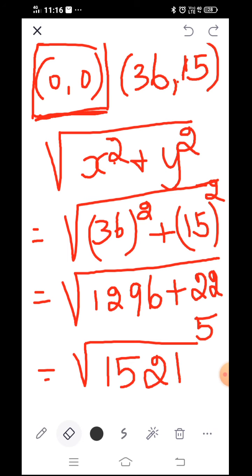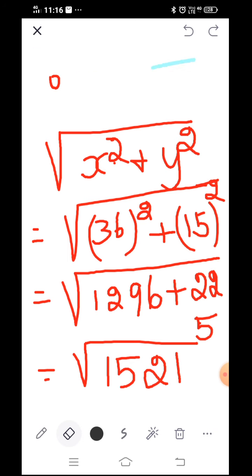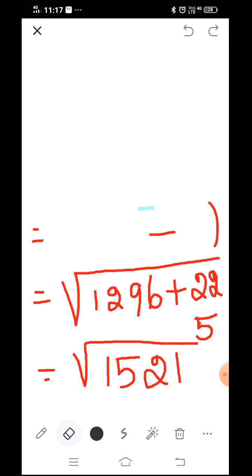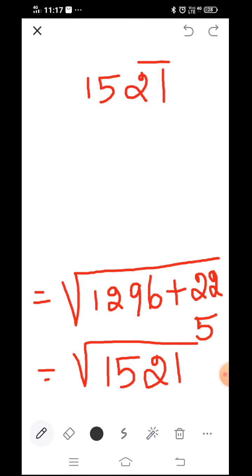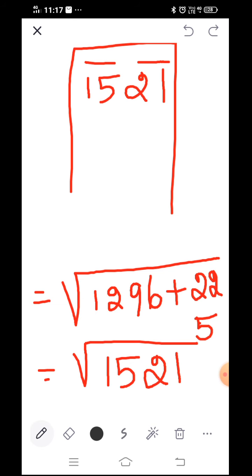Now see, let me teach how to find the square root for this. So first 1521. You put a bar and make groups. So here 15 is one group, 21 is one group. First for 15, which is the nearest square, 3 and 3. 3 3s are 9.